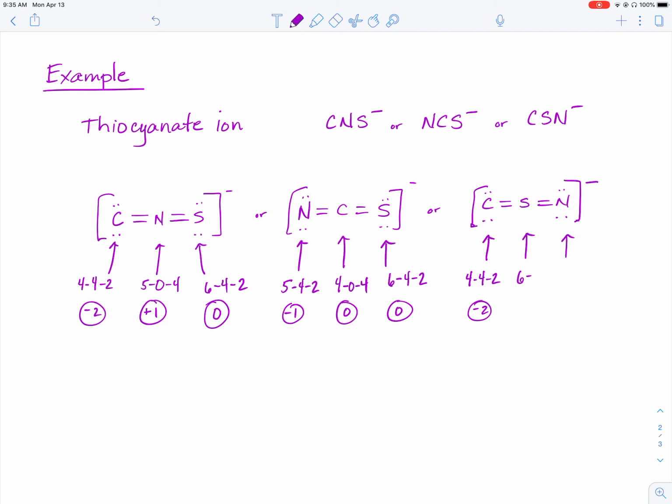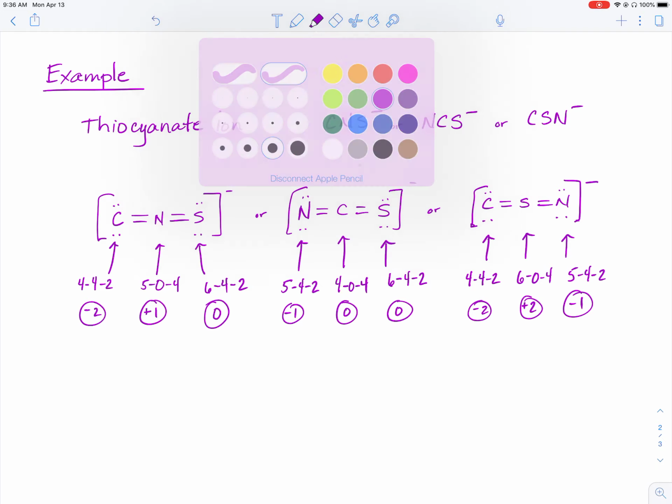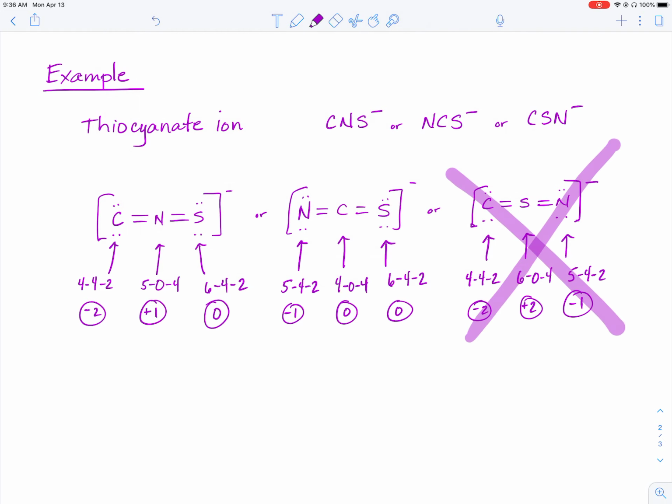Sulfur is 6 minus 0 minus 4, which is plus 2. And then nitrogen is 5 minus 4 minus 2, which ends up being minus 1. All right, well, that structure is even worse. So that has no zeros whatsoever. So we can pretty much essentially say no to this, no, and no.